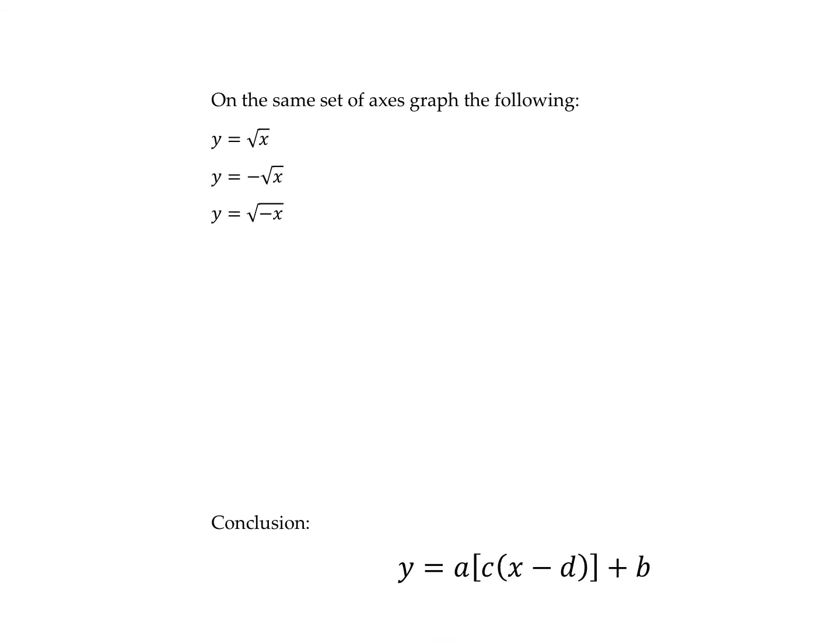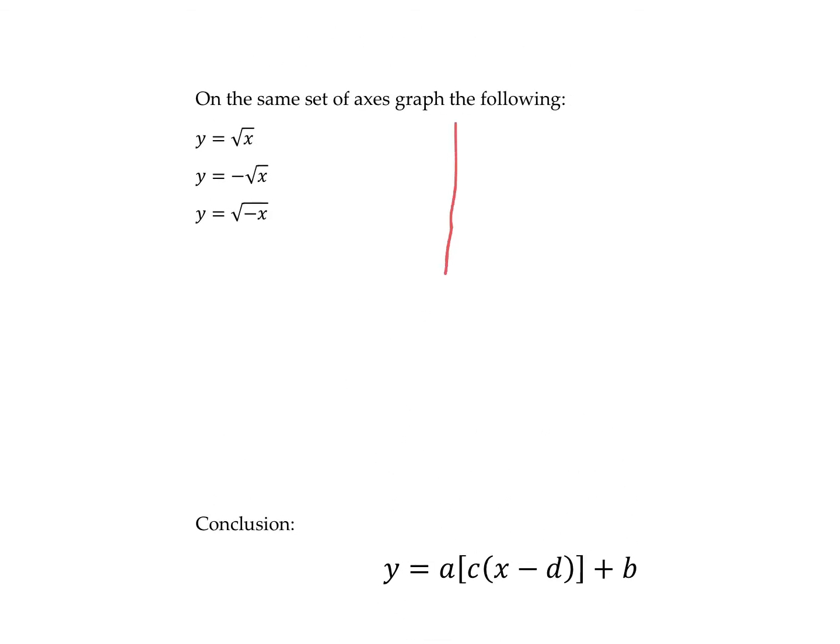And then what about reflections? So root x, put this on the graph, 1, 2, 3, 4. 1, 2, 1. So square root of 0, square root of 1, square root of 4. That's root x. So what does negative root x do? Well, negative root x applies the negative after it's outside the square root. So square root of 0 is 0, negative 0 is 0.